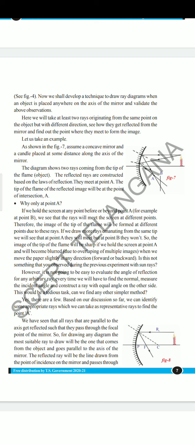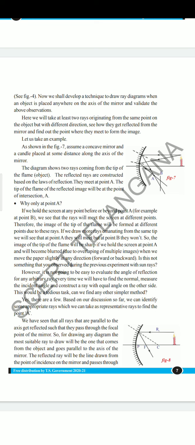Based on our discussion so far, we can identify some appropriate rays which we can take as representative rays to find the point A. We have seen that all rays that are parallel to the axis get reflected such that they pass through the focal point of the mirror. So, for drawing any diagram, the most suitable ray to draw will be the one that comes from the object and goes parallel to the axis of the mirror.